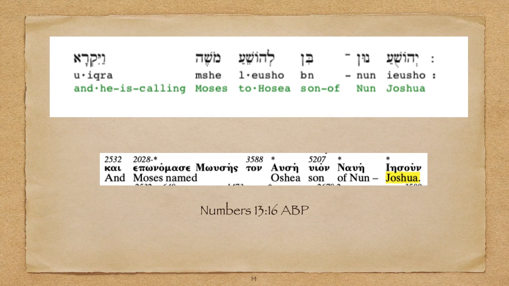Here we see the translation of both the Hebrew and Greek of Numbers 13:16. The Hebrew reads, Moses is calling Hoshea, son of Nun, Joshua, detailing the name of Joshua by Moses as Yavsha. The Greek reads, "And Moses named Hoshea, son of Nun, Joshua, or Jesus," the same Greek name as Jesus in the New Testament.